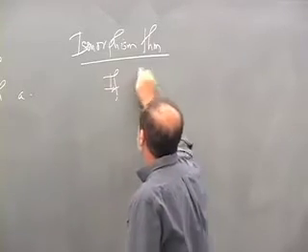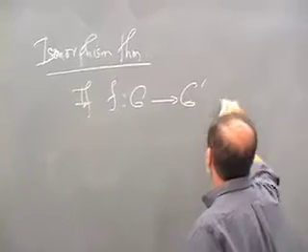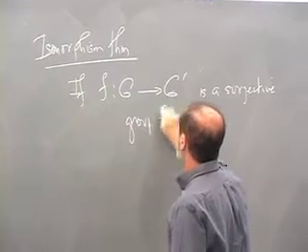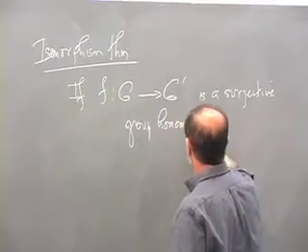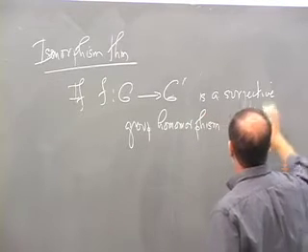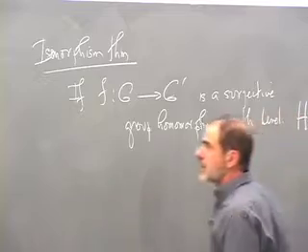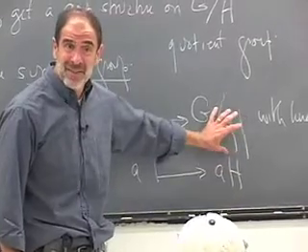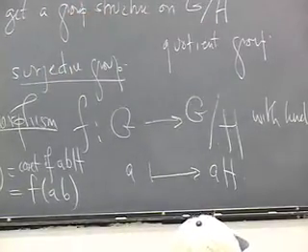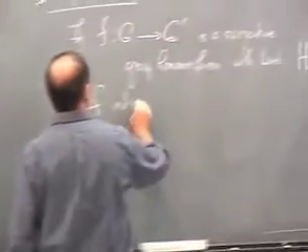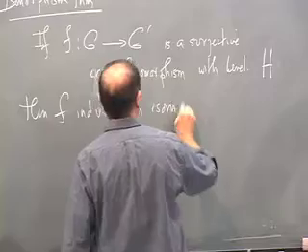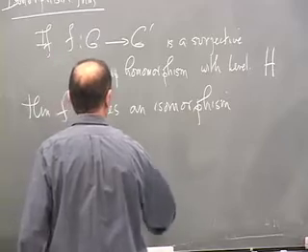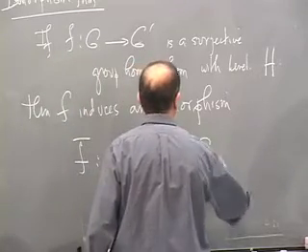It says if f from G to G prime is a surjective group homomorphism with kernel H, and here's an example of one, a surjective group homomorphism with kernel H, namely to G mod H, then f induces an isomorphism, which I'll call f bar, from G mod H to G prime.